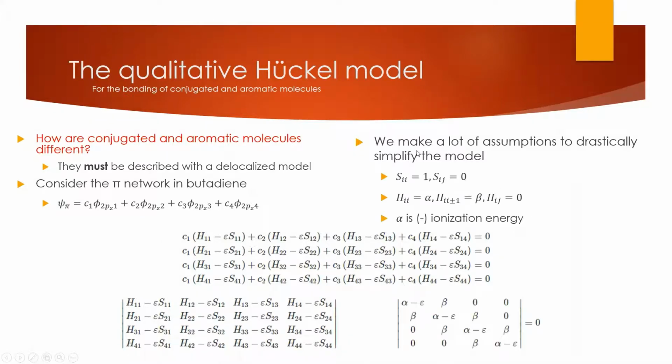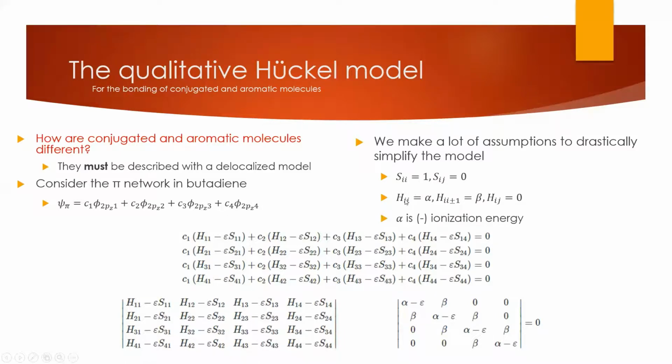We're going to assume that the overlap, if we're talking about the same orbital, is 1, and that's pretty good because, of course, one atom completely overlaps with itself. This one is a little bit less good. This is saying the overlap of one atom and any other atom is 0. If that were true, we wouldn't have a bond. So this assumption is very, very simplifying and makes the math easier. We get a lot of good information out of it, but it's not true.